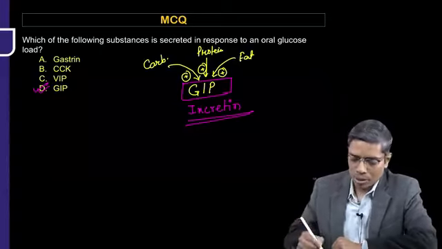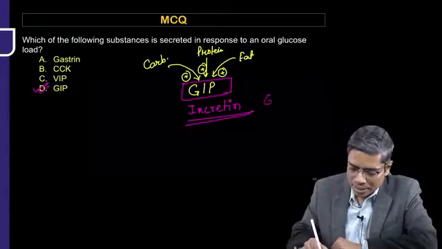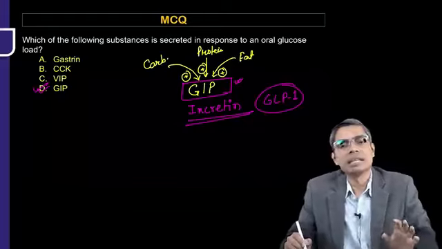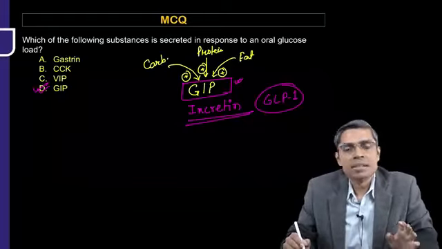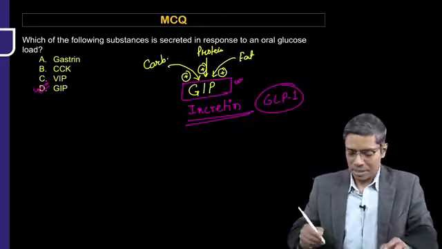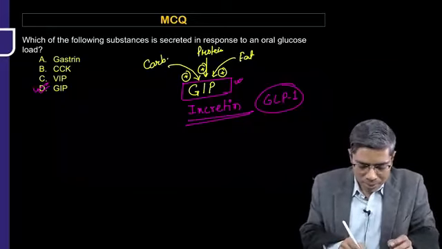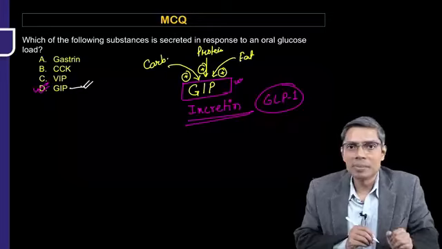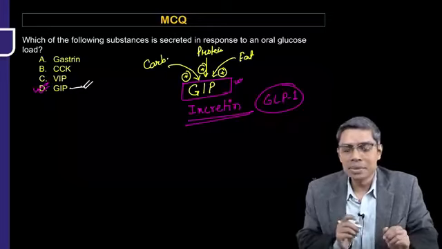We all know the most potent incretin is GLP-1, glucagon-like peptide 1, but GIP is also an example of an incretin. Previously, the full name of GIP was gastric inhibitory peptide, but now the name has been changed.